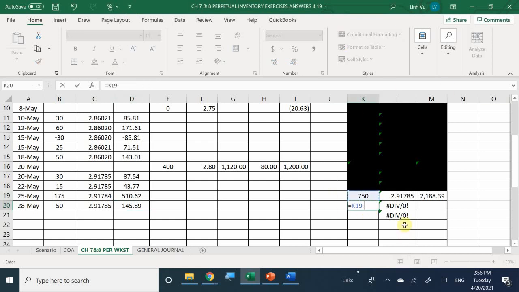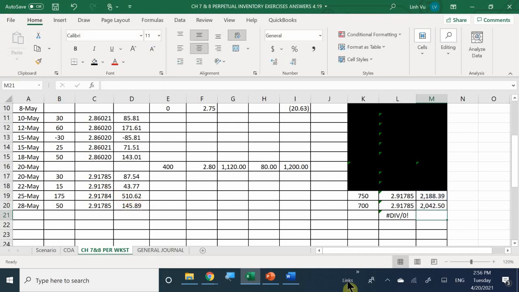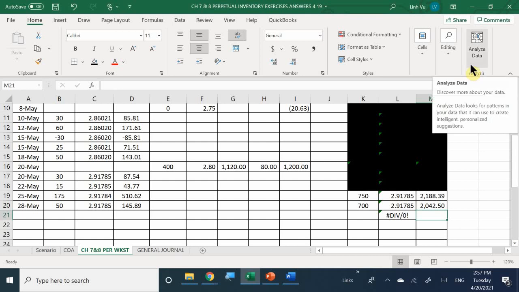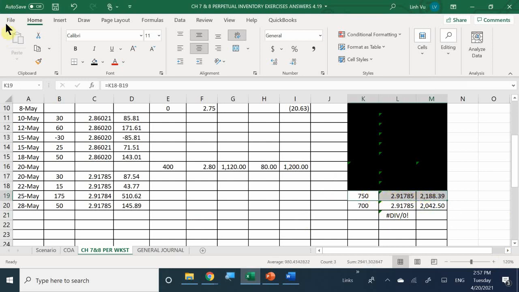What happens if we sell out our 50 mugs? How much should we have left? 700. 700 left. What's my total cost? Yes, bringing my new average cost per item to be the same number, 2.9785.